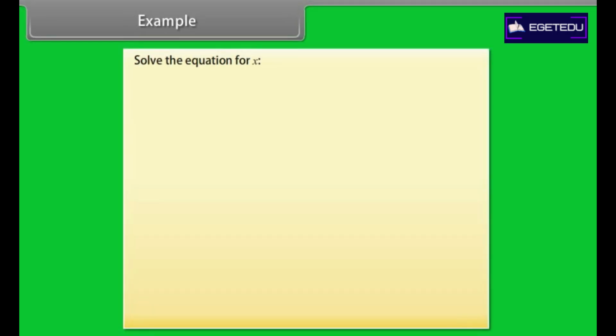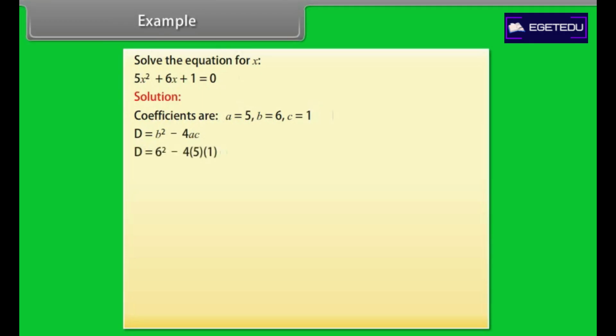Example. Solve the equation for x. 5x square plus 6x plus 1 is equal to 0. Solution. Coefficients are a is equal to 5, b is equal to 6, c is equal to 1. D is equal to b square minus 4ac, which is 6 square minus 4 into 5 into 1, is equal to 16.